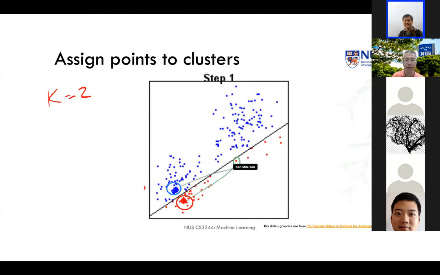Depending on which side it lies on, I assign it a color, belonging to a particular centroid. As you can see, it defines a hyperplane separating the two, the same as we have seen before, which is just the perpendicular bisector between the two centroids, cutting the data space in half.